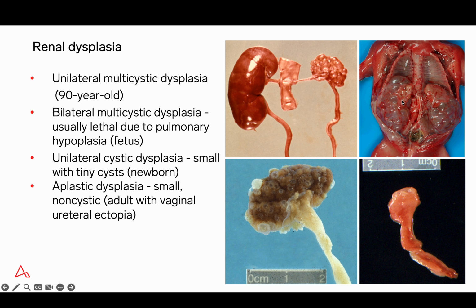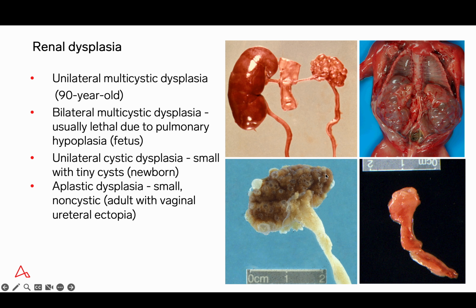In the upper right, we have an example of bilateral multicystic dysplasia in which the kidneys are massively enlarged, and the thoracic cavity is compromised because of a combination of the mechanical effect of the large kidneys as well as the fact that there was no urine produced, therefore pulmonary development was impaired as well.